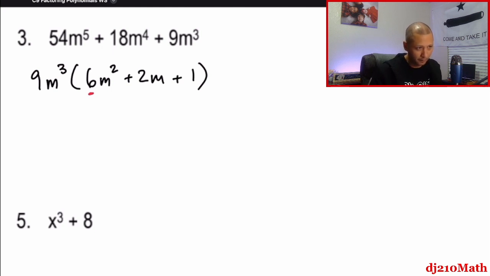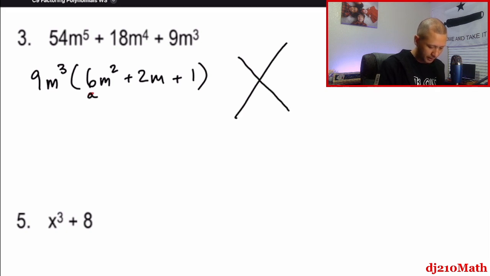Those really are only 2 methods. But since we're factoring polynomials, let's stick with factor by grouping. It'll give us a good practice.